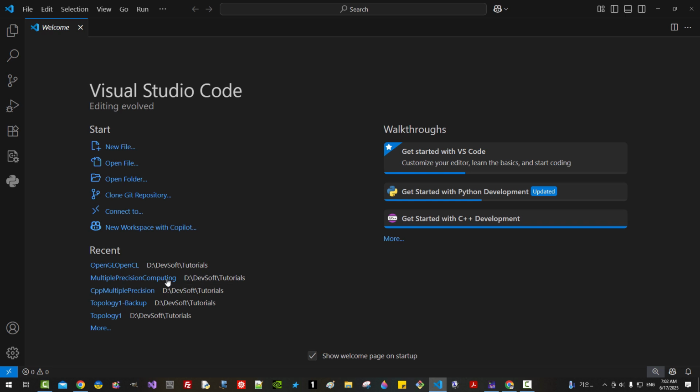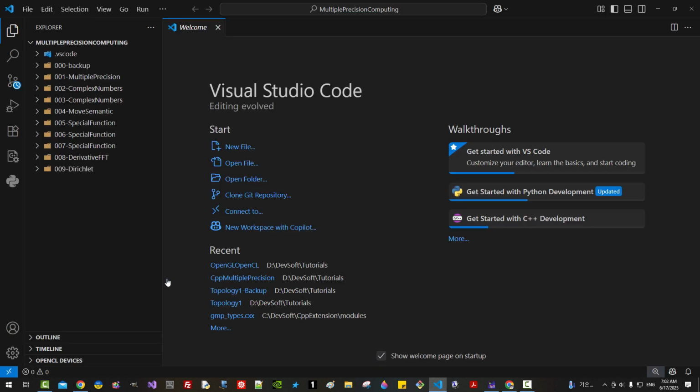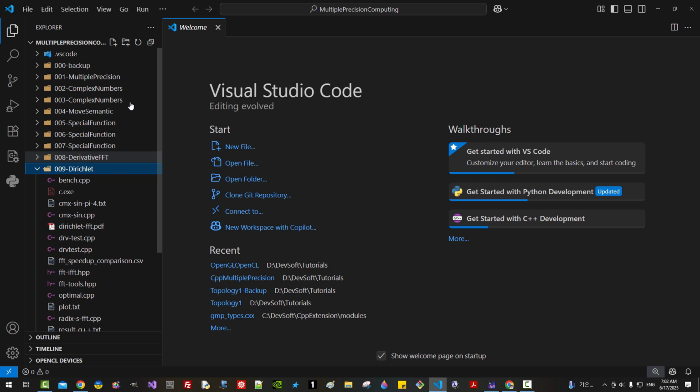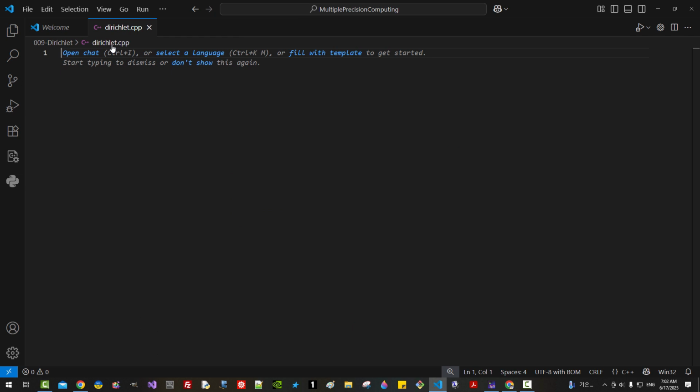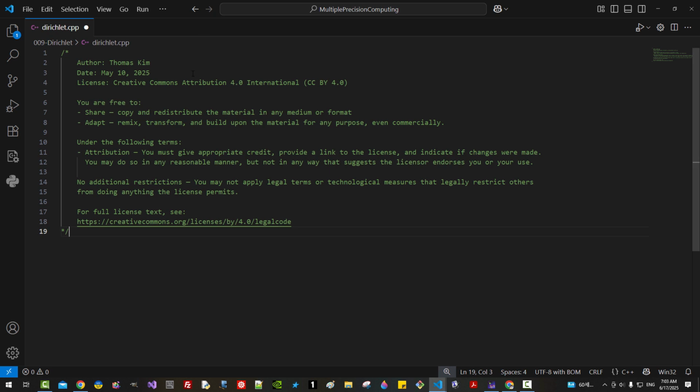Multiple precision computing. In this folder, I will create a new file, dirichlet.cpp. Ctrl V, I will close the welcome window. I would copy and paste this text.